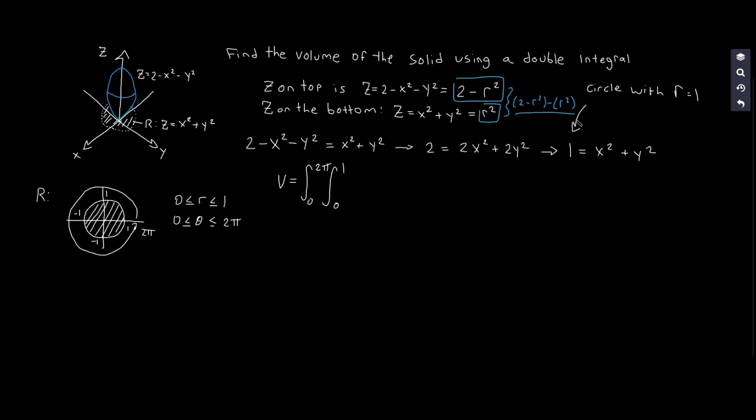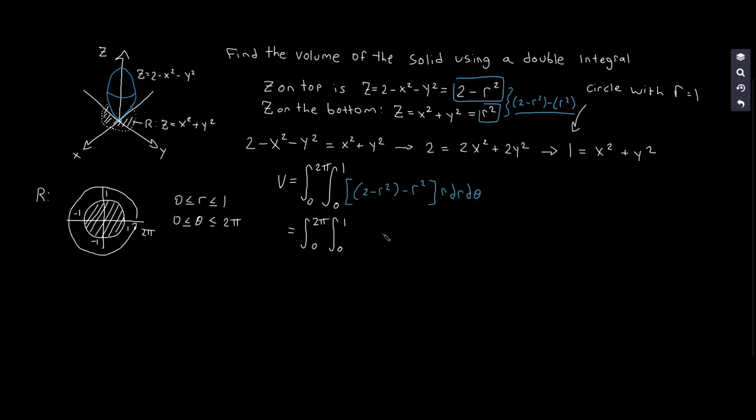And that's what I'm going to put inside of my integrand: 2 minus r squared minus r squared, and then r dr d theta.